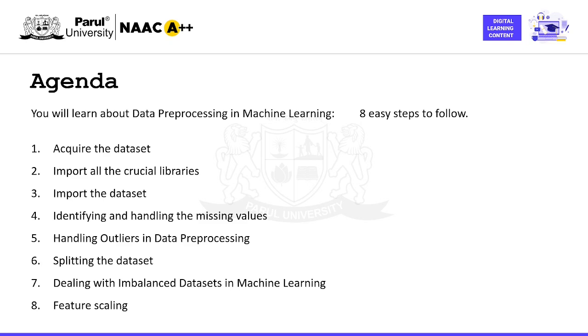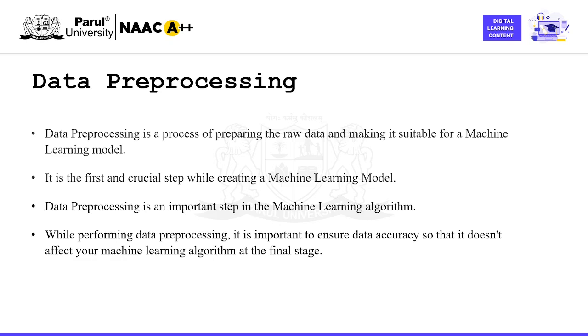And data pre-processing means that before providing the data, we ensure the data is correct, because we know very well that if we provide incorrect data, then even if your algorithm and your model are correct, the result is incorrect.